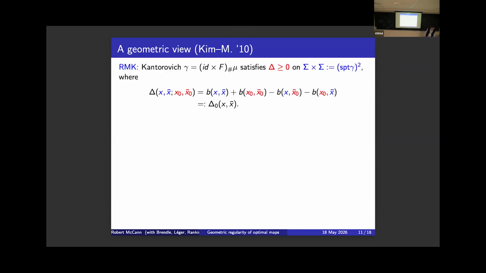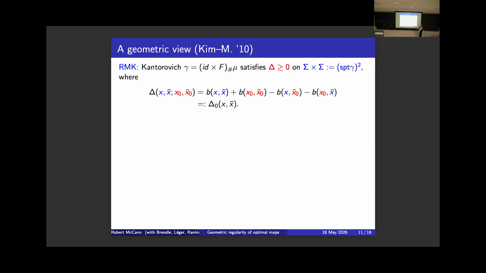And okay, so the first thing I want to do is I want to reinterpret this condition A3 geometrically. And this was something that Jung-Han and I did in 2010. So if you think about joint measures on omega cross omega bar that project to mu and mu bar, then you can think of the support of such a joint measure, which is really telling you which x gets paired with which x bar so as to minimize the cost or maximize the benefit.